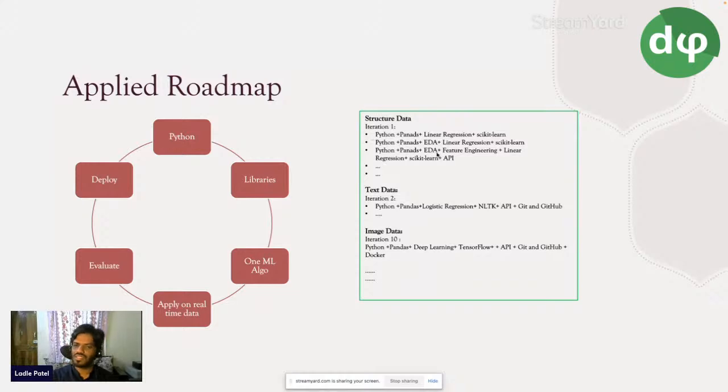So it's like incrementally you are upgrading yourself. This is like choosing one algorithm, but again within it there are sub steps. What happens is, if you start directly with Python, pandas, EDA, and then start building feature engineering, feature engineering won't come overnight.